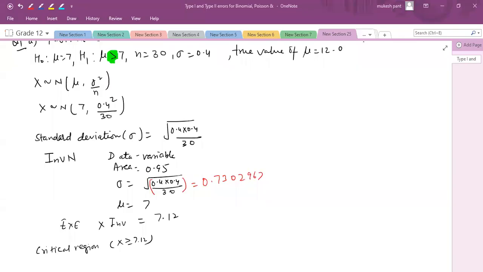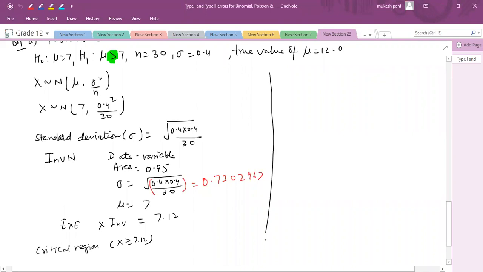The question is not asking about the type 1 error, but let's find both types of error. Type 1 error: you can find it using X with the same distribution, where the mean is 7 and the standard deviation is 0.7302, right?